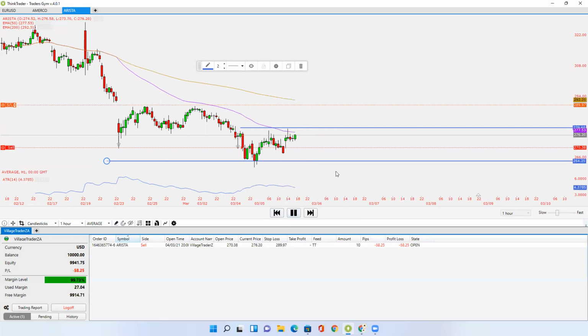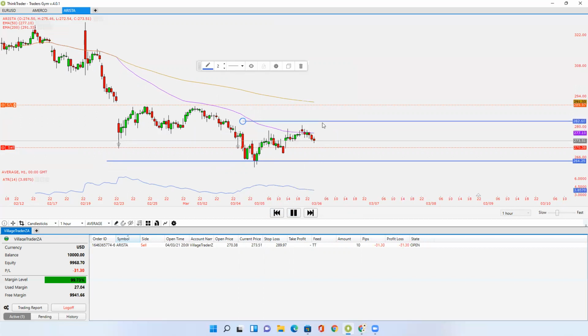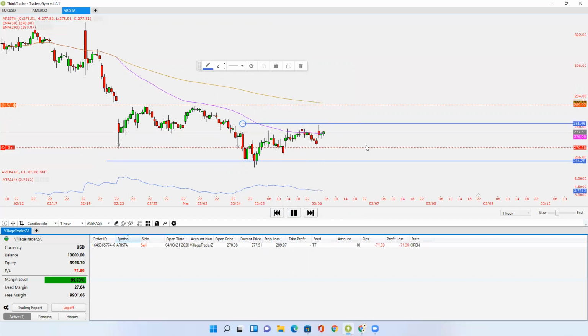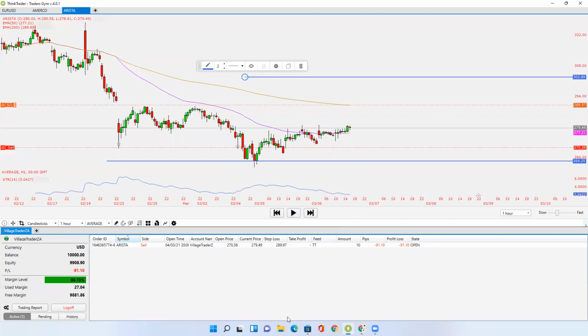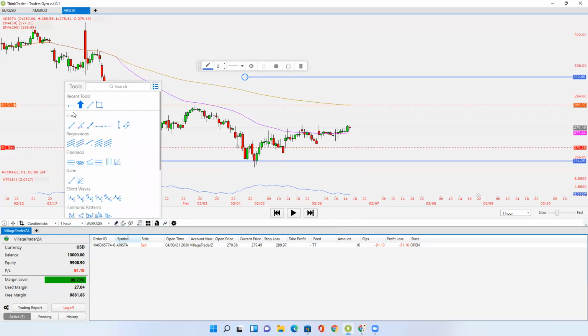So if it breaks this 264 level, I want to lower my stop to just above that high. Cool, cool, cool. Okay, let me pause. Looks like we have ourselves a reversal pattern here.